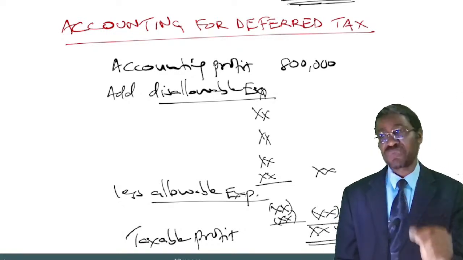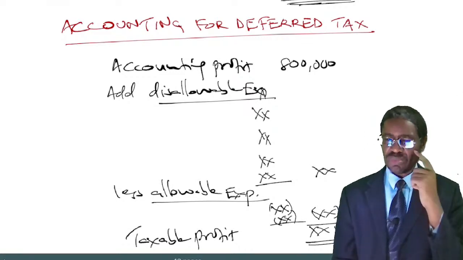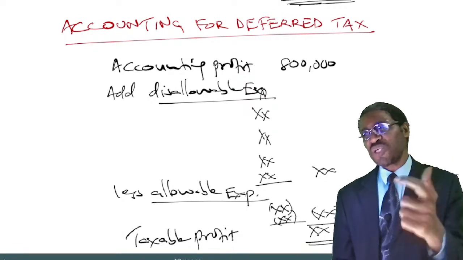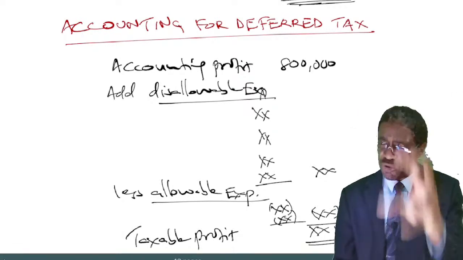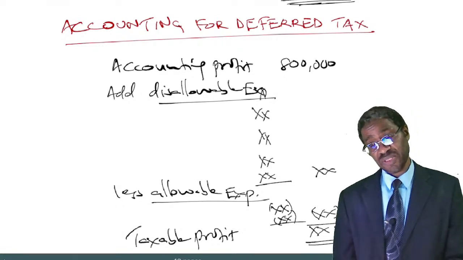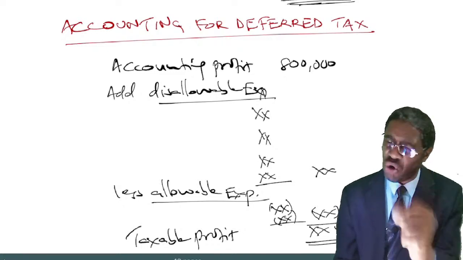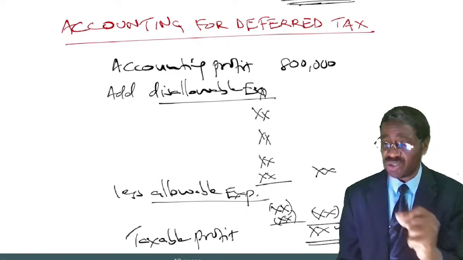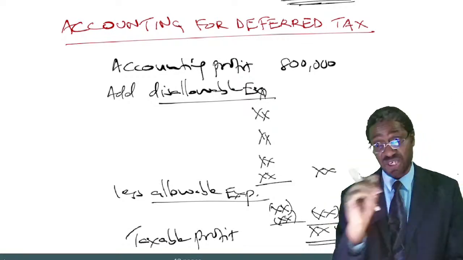For example, depreciation. If you depreciated one of your assets, you must have debited your profit and loss with that amount of depreciation. But for tax purposes, the taxman does not recognize depreciation. According to him, it should not be considered as an expense.